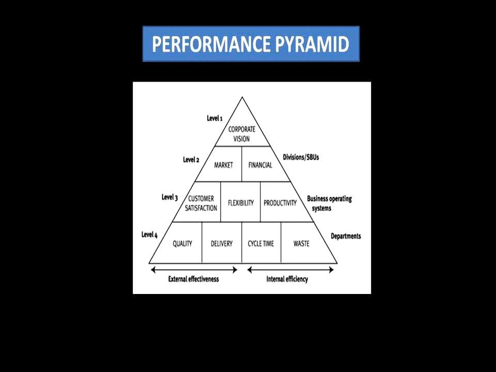The left side, as I have told you, is external effectiveness, so it will be more focused towards non-financial measures, and the right side, which indicates the internal efficiency of the organization, will be the financial side, more inclined to the financial measures.